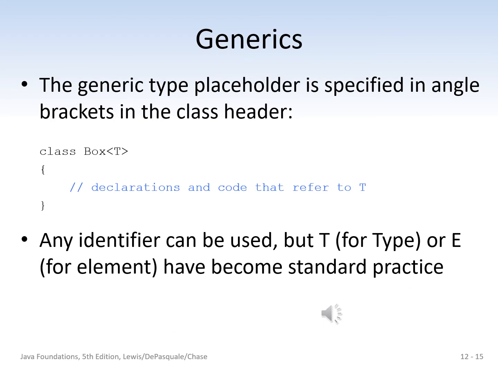So to create a generic type placeholder, we specify it in brackets in the class header. In this example, we're using T for type, or we could use E for element.